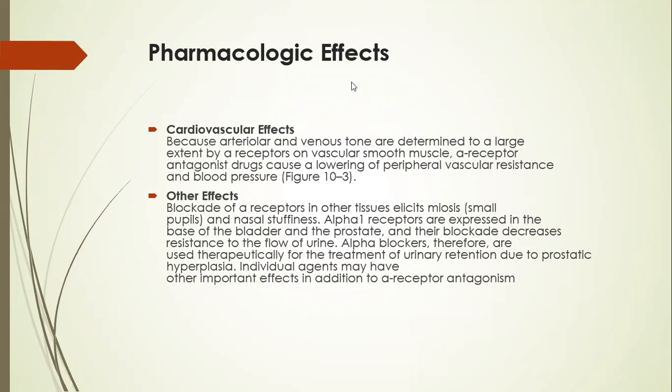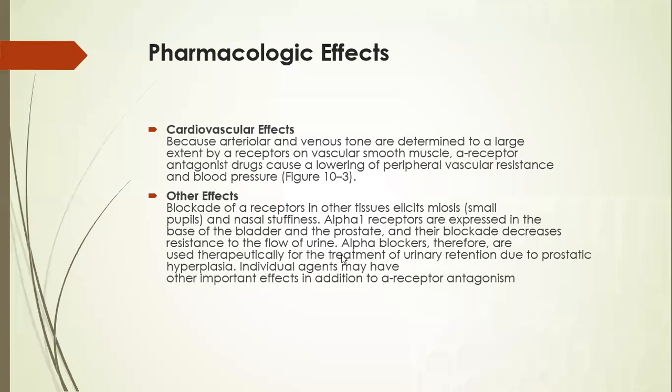When alpha receptors are blocked with their antagonists, they decrease resistance to flow of urine. Otherwise the muscles of the urinary bladder will be contracting easily. When the muscles contract more, the urine will be easily going out from the body, from the urinary bladder.